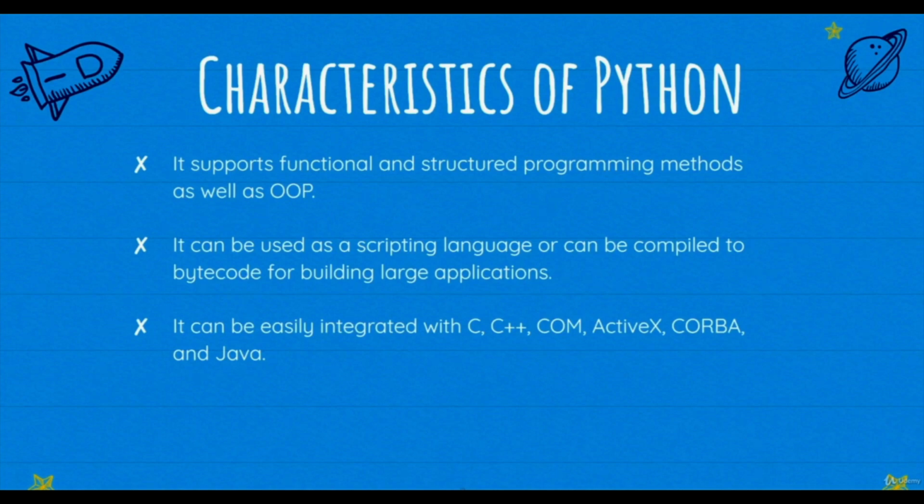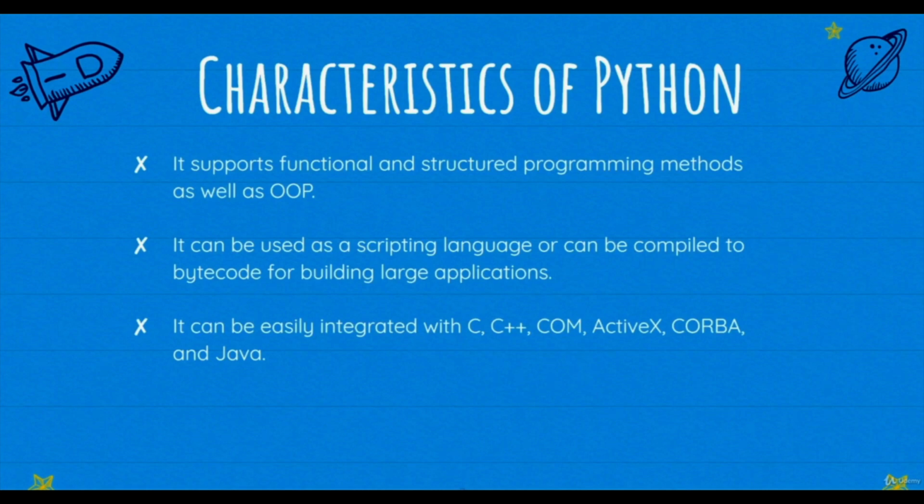So before beginning with deeper concepts of Python, let's first take a look at the basic features that justify what makes Python so powerful compared to other programming languages. Let's start with the characteristics of the Python language. The first one is that it supports functional and structured programming methods as well as object oriented programming.